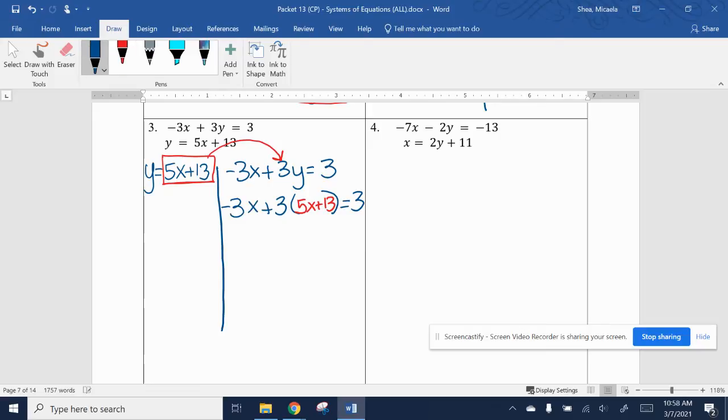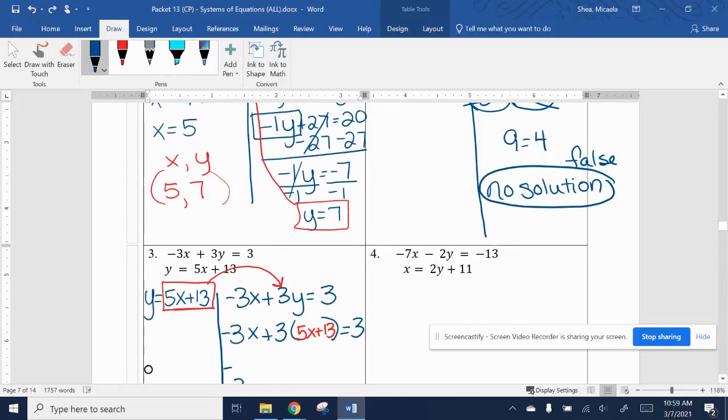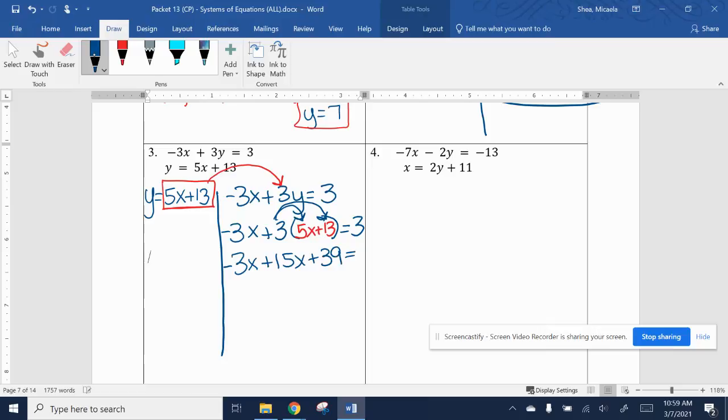And then we're going to start to solve our multi-step equation just like we did in the fall. So we're going to keep the negative 3x to begin with. We're going to distribute. 3 times 5x is 15x. And 3 times 13 is a positive 39. Combine like terms. Negative 3x and positive 15x is a positive 12x.